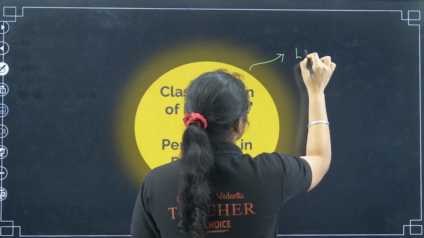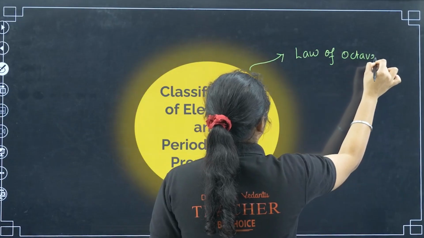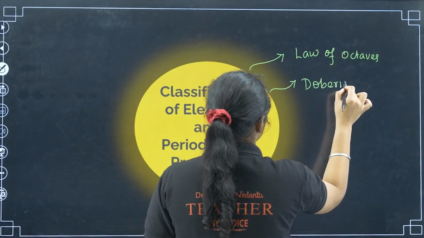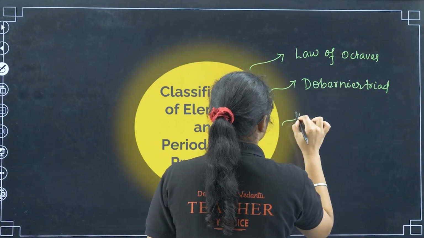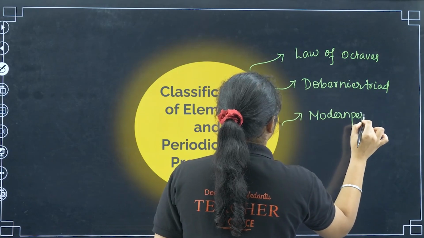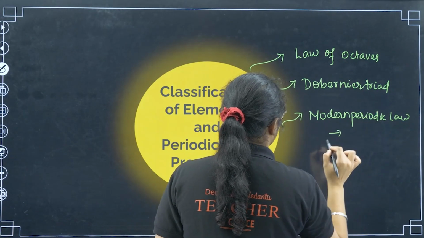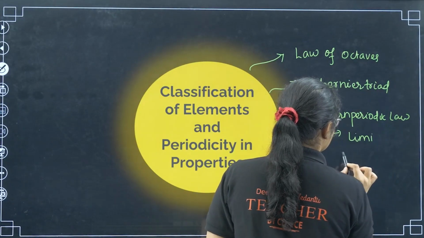You should know law of octaves, then Dobereiner triad, then modern periodic law, in which you should know the limitations and the advantages.